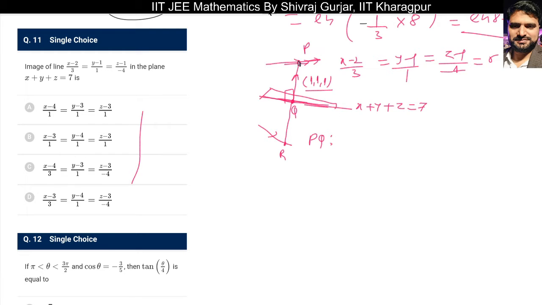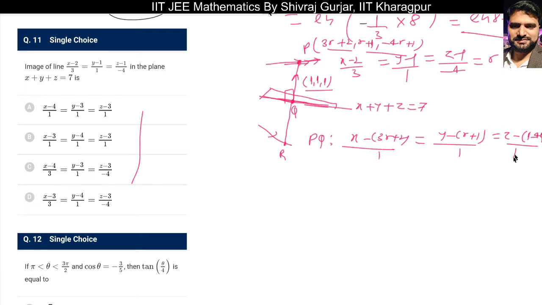Basically, first let us take this point P. It will be in terms of some parameter r: 3r plus 2, r plus 1, minus 4r plus 1. This is point P. So line PQ will be (x minus (3r plus 2)) divided by 1, (y minus (r plus 1)) divided by 1, (z minus (1 minus 4r)) divided by 1.